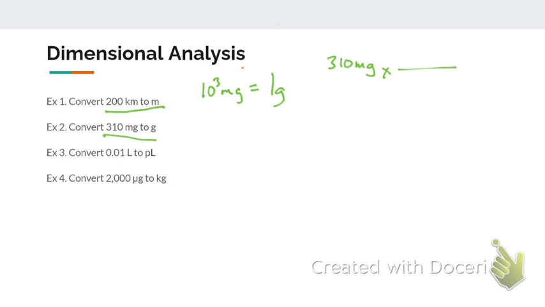Now, since you have milligrams here, you're going to have to put milligrams on the bottom. So this will be the denominator. This will allow you to cross-cancel these 2 units, and then 1 gram up top. So if you solve this, it'll be 310 over 10 to the third grams. Well, what's 310 divided by 10 to the third?